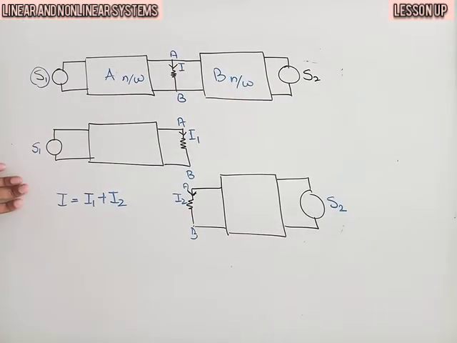Same analysis we take to check whether a system is linear or non-linear. If the system obeys superposition rule, then it is called linear.